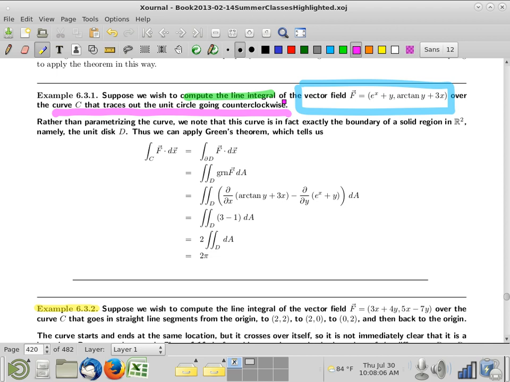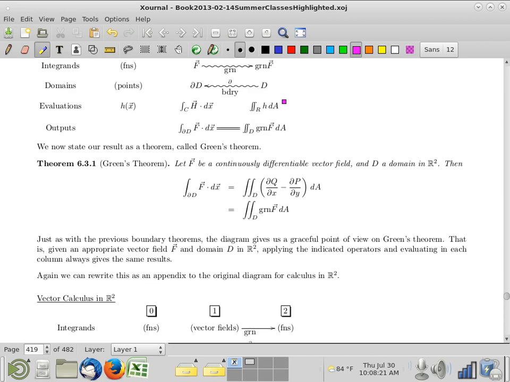The alternative here is to realize that you have Green's theorem as an option. Just an option, may or may not be helpful. But let's see what that option is. Now, there's a requirement for this to work.